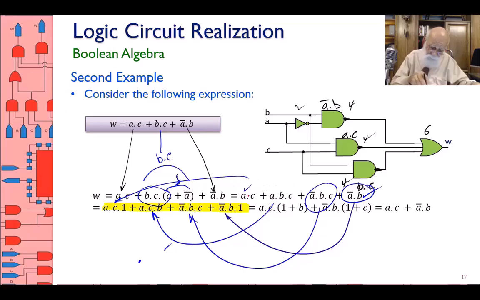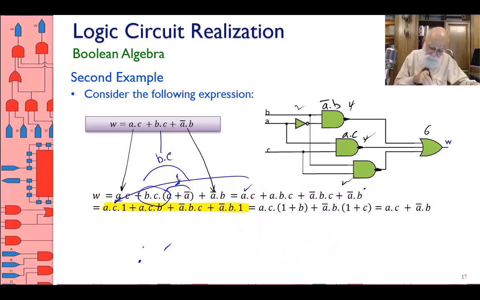Okay, now let's do this. Let's take the first two terms, these two here, apply distributive law, make it AC, okay, A and with C, and then factor out A and C, that's distributive law, that becomes 1 or B. This becomes this.